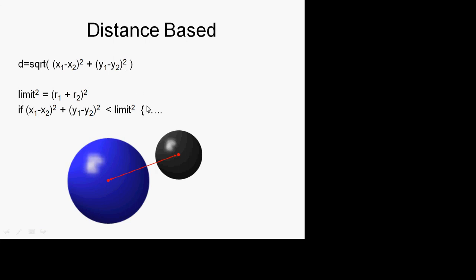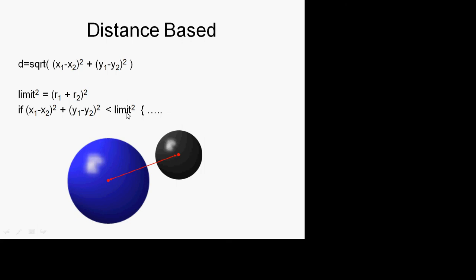And this is just straight Pythagoras, where what we're looking to do is to see whether or not the square of the difference between the x's plus the square of the difference between the y's, in terms of the centre of the balls, is less than some limit, which is the distance between the two balls when they're just touching, squared.